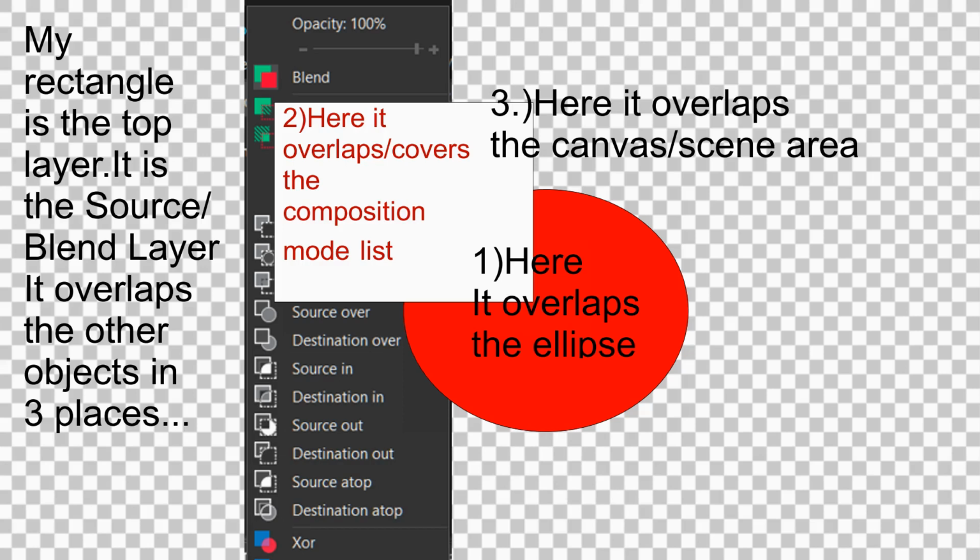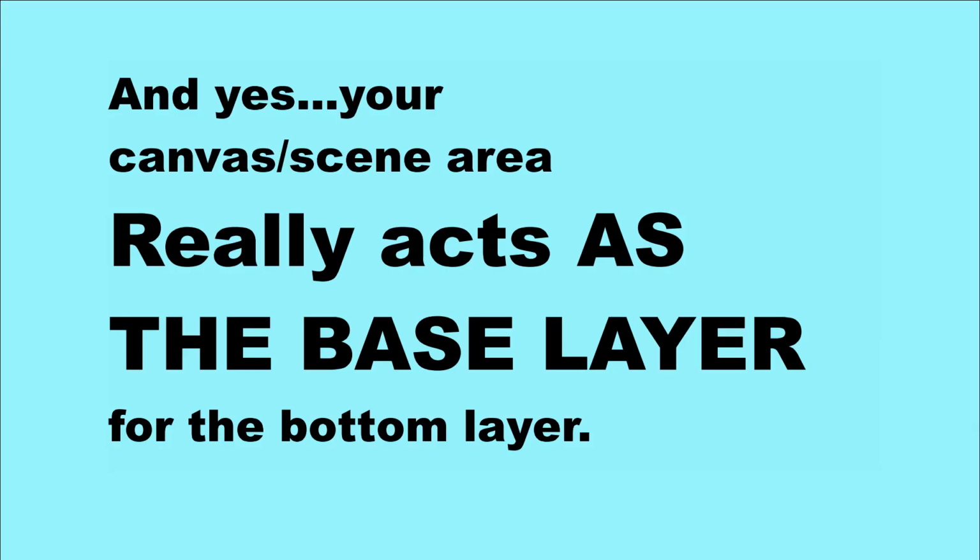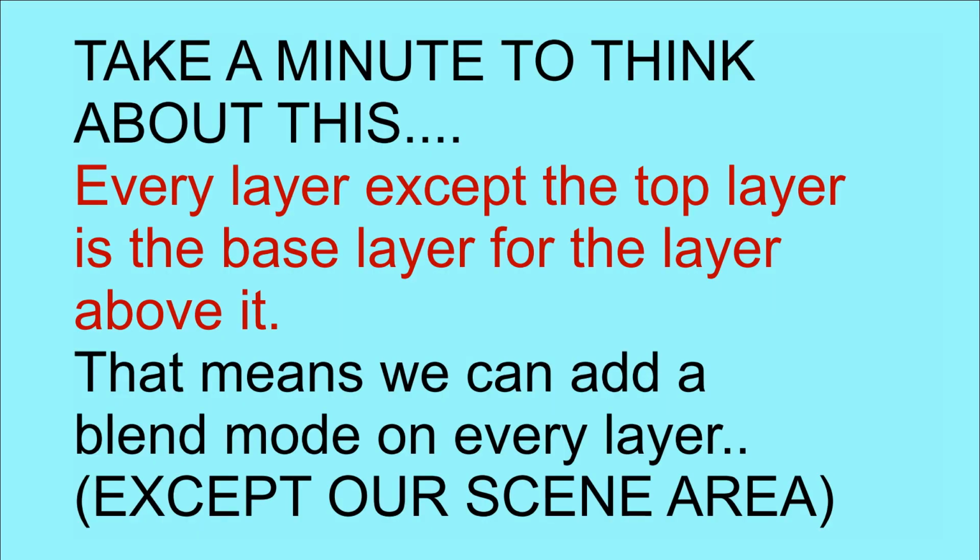Now, I want you to remember something. Your canvas scene area acts as the base layer for the bottom layer, which is what I've actually been saying all this time, but I just thought I'd make that statement. I've got a couple more things I want to say here too. Let's take a minute to think about this.